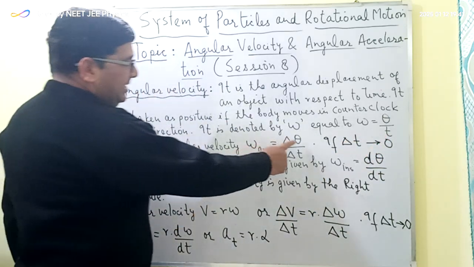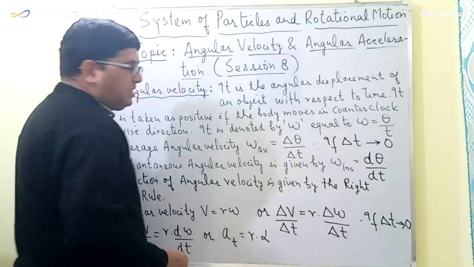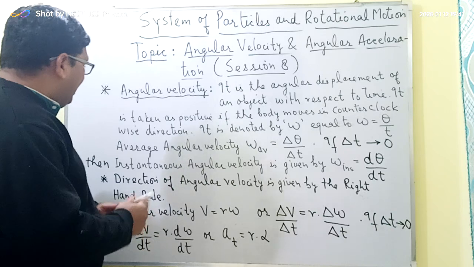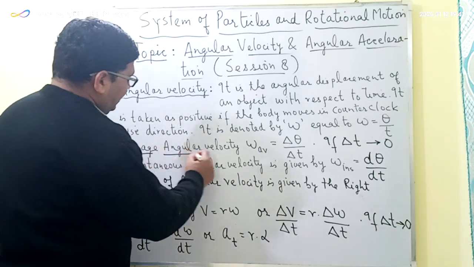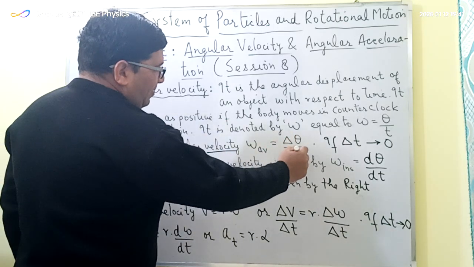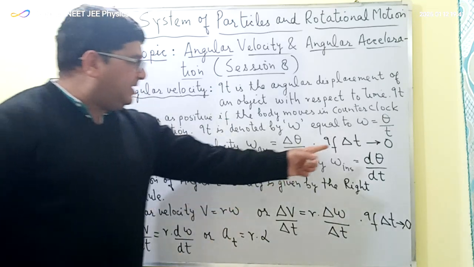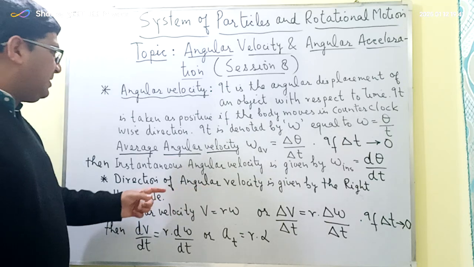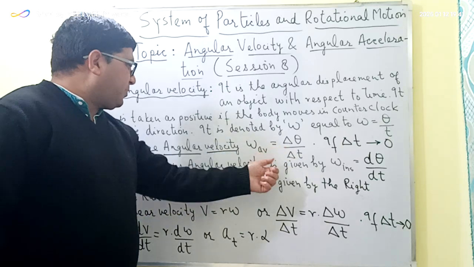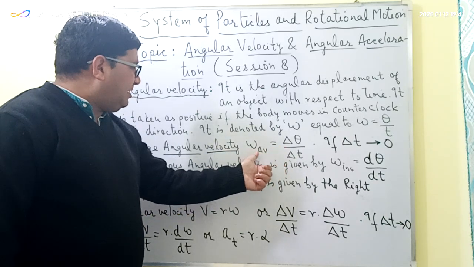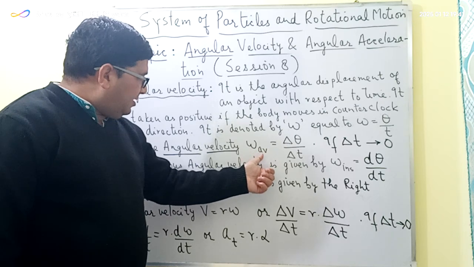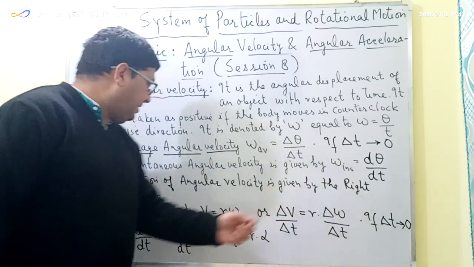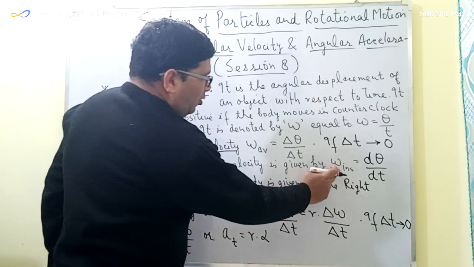Now, if delta theta is the change in the angular displacement in the time interval delta t, then the average angular velocity is given by delta theta upon delta t. And if delta t is tending towards 0, that is, delta t is very small, then this average angular velocity, omega av, equal to delta theta upon delta t, can be written as omega ins.